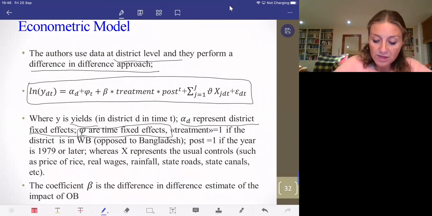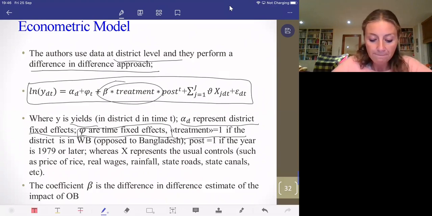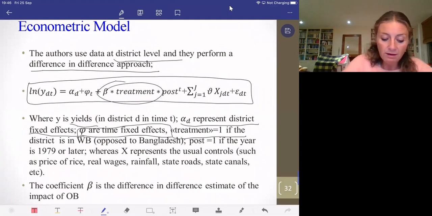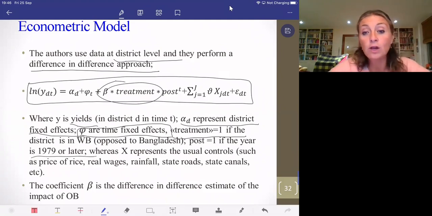Then we have the treatment equal to 1 if the district is in West Bengal; as opposed to that, Bangladesh gets a 0 value. Post equals 1 if the year is 1979 or later, so after the reform was introduced.